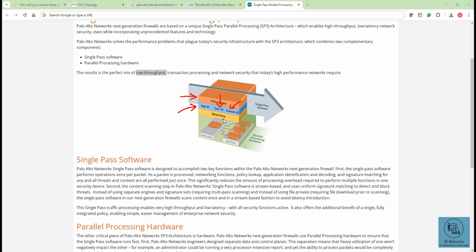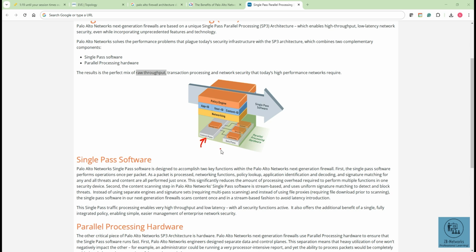It will have its own networking layer where routing, NAT, QoS, everything will take place. All those elements that you see are part of your operating system. And in case of your hardware, it divides its hardware into two different planes.